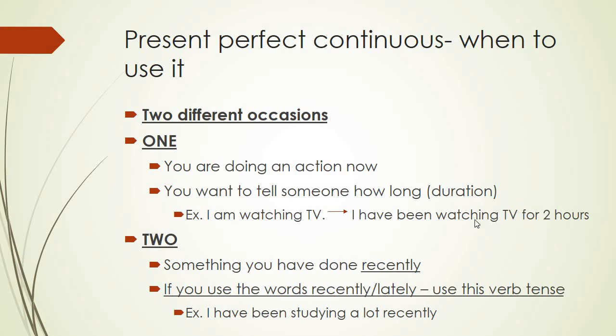For how long? Okay, so I am reading a book. But if you want to tell someone how long, I have been reading a book for 2 days. So we use it when we want to tell someone how long.